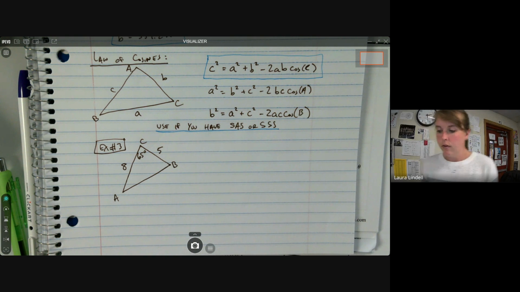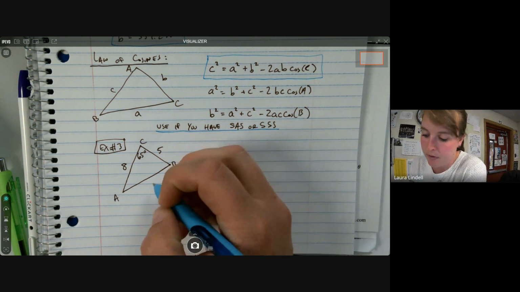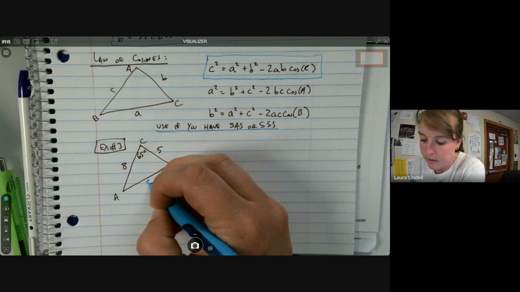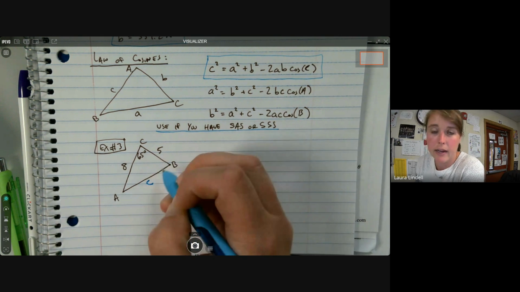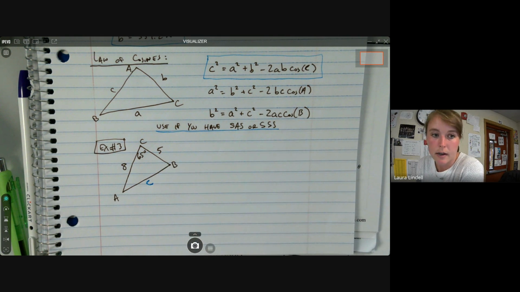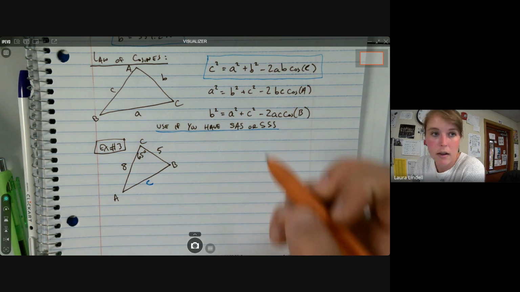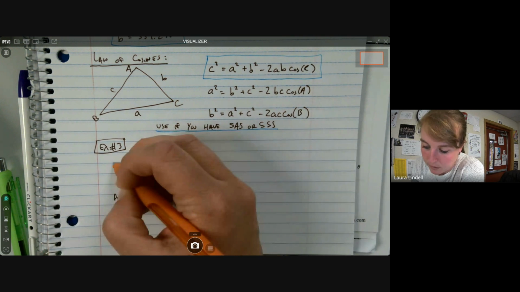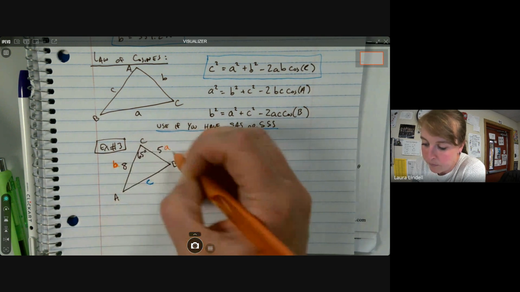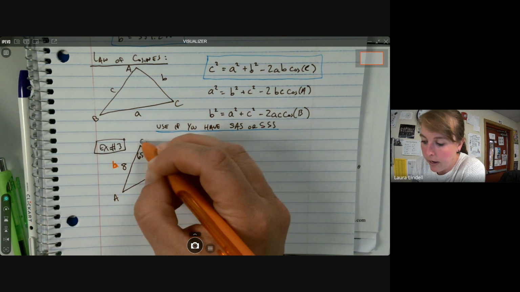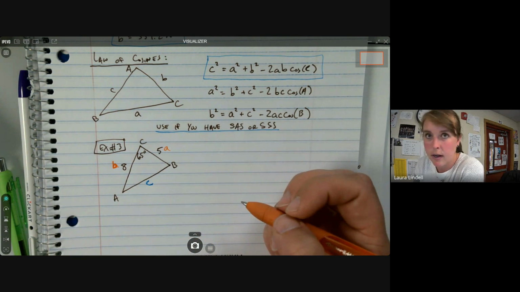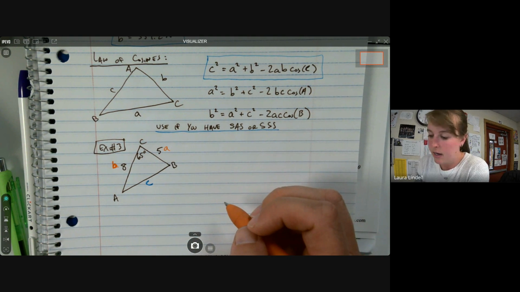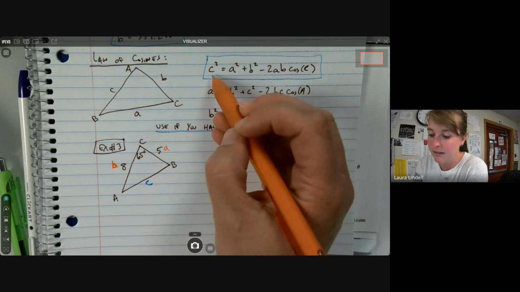Then we notice that we need side C and angle A and angle B. So I'm going to start with solving for side C. And I notice also that we know B and A. So we know B, we know A, we know angle C. So that tells me that I need to use the one where side C is the only thing that would be missing.